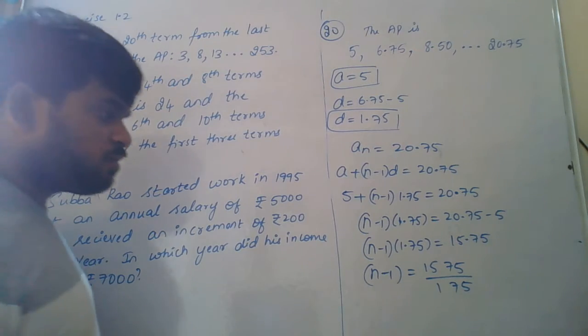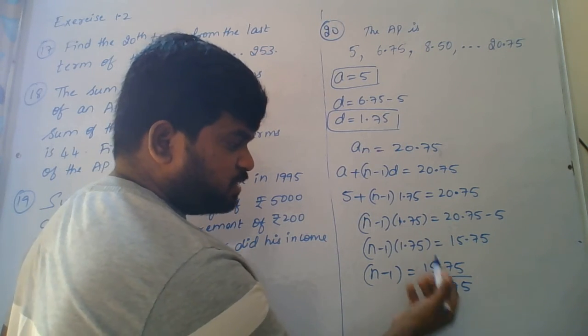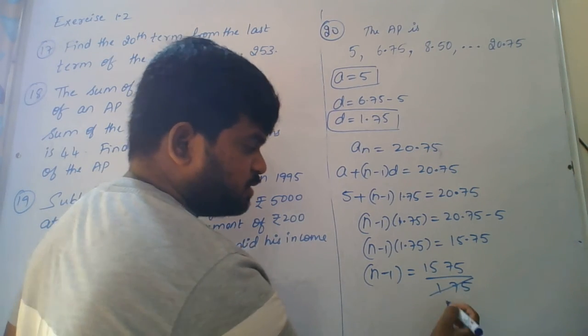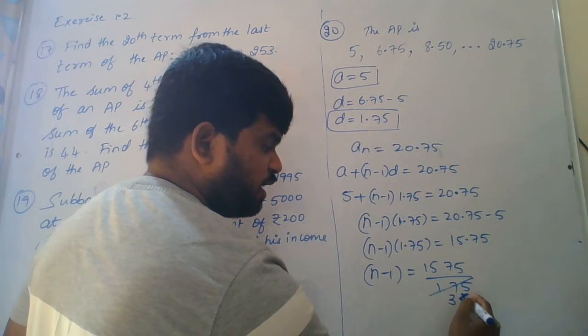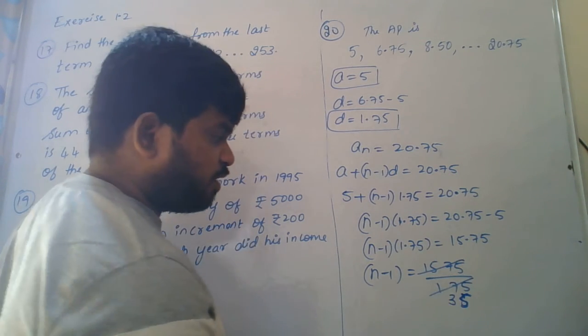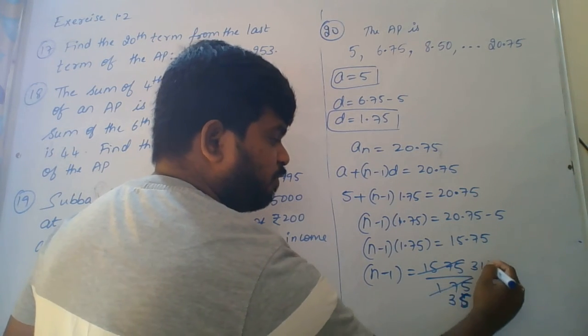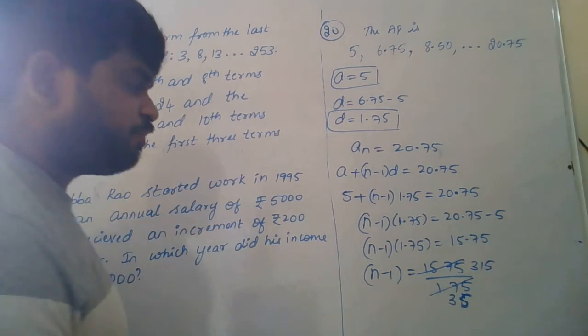Okay. Let's solve by, I guess this goes by 175 itself. Or let's take by 5 tables itself. 5 3s are 15, 2 carry, 5 5s are... So you get 35. Okay, 5 3s are 15, 5 1s are 5, 5 5s are 25. So 315 by 35.